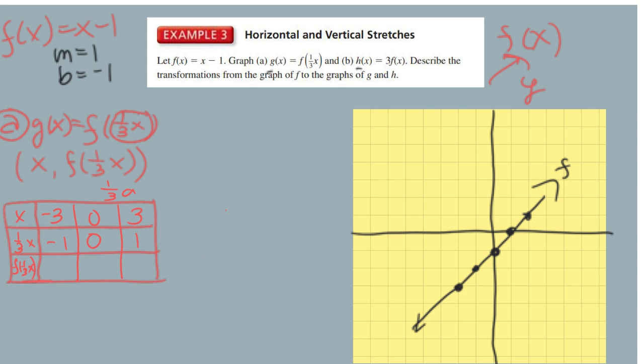These are going to be my ordered pairs, my points for the line of the new function, which is g. What I'm doing is comparing from f to g, because we were given a parent and we are seeing how the line is transformed. So now we're going to have f of x equals x minus 1. We already computed and transferred by substitution what?